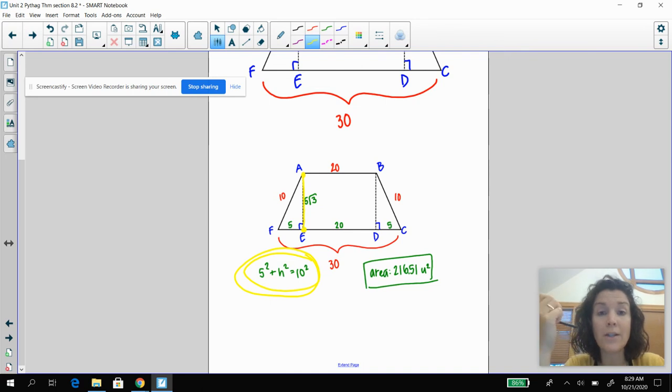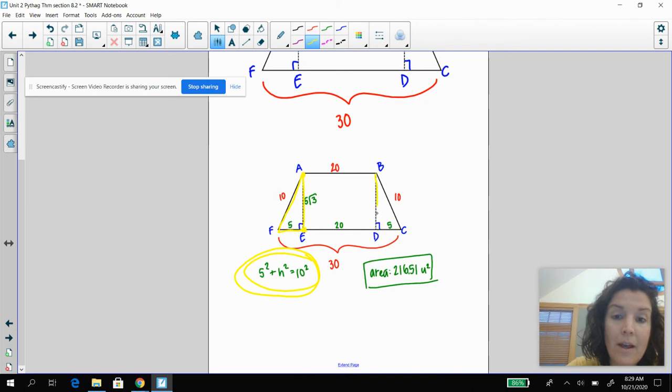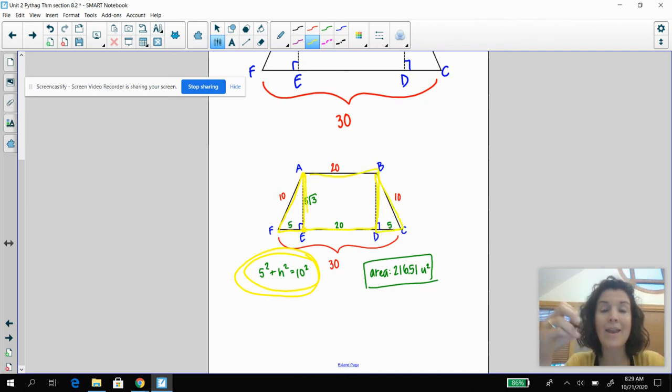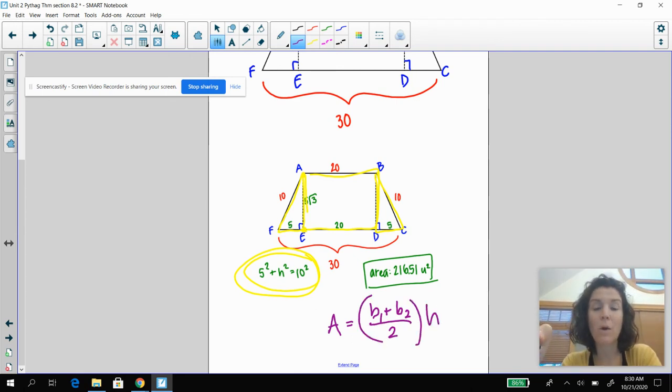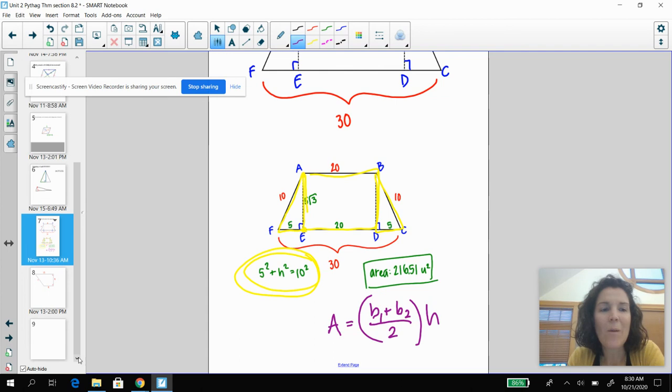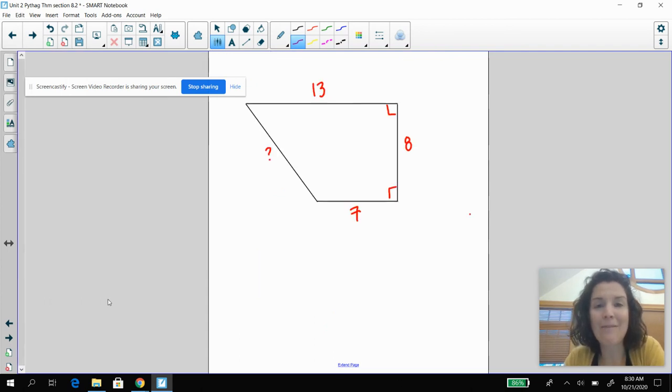So you could, if you wanted to, find the area of this triangle, the area of this triangle, and then the area of this mama in the middle, and add them all up. Or you could remember that the area of a trapezoid is going to be the average of the bases times the height. So 30 plus 20 divided by 2 times 5 root 3. Cool?